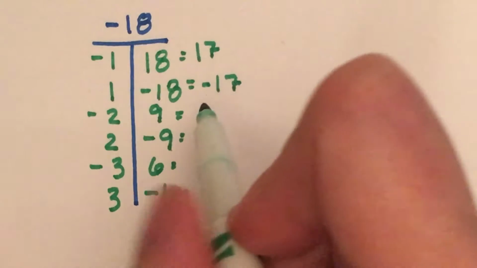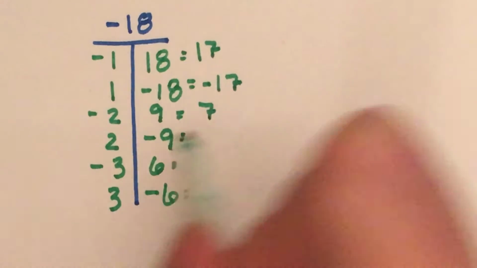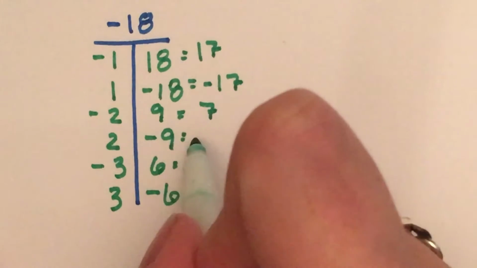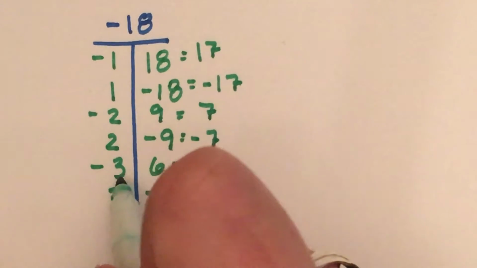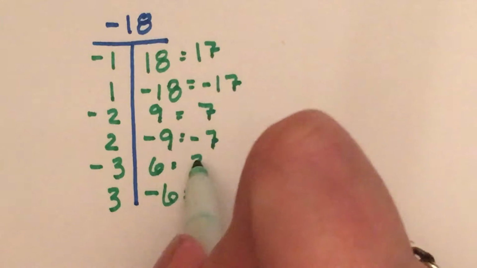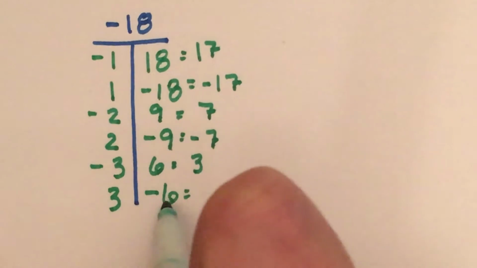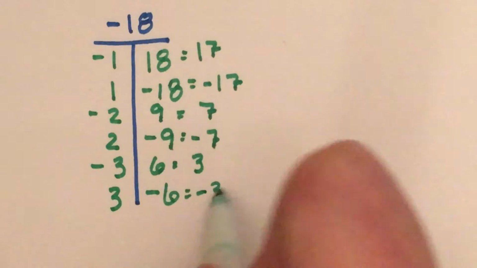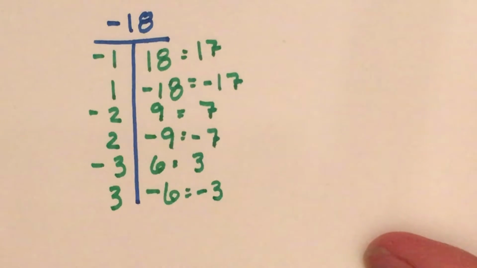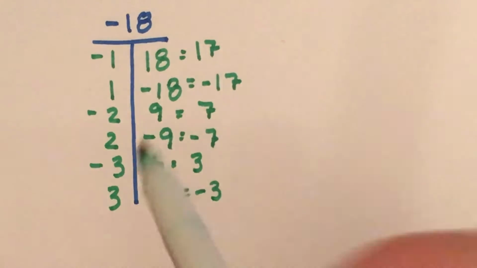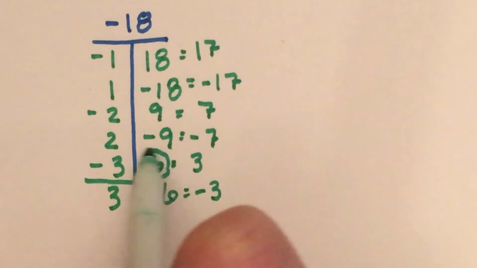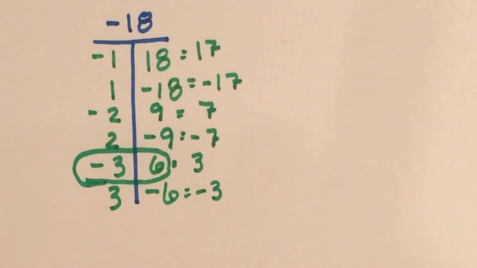Negative 2 plus 9, 7. 2 minus 9, negative 7. Negative 3 plus 6, 3. 3 minus 6, negative 3. Which one of these sums did I need? Yeah, you got it. It's the negative 3 and the positive 6.